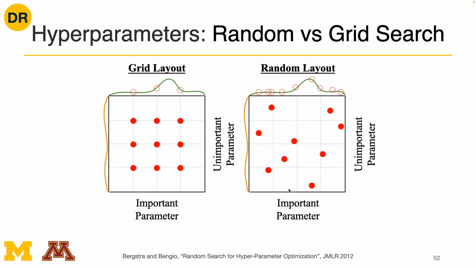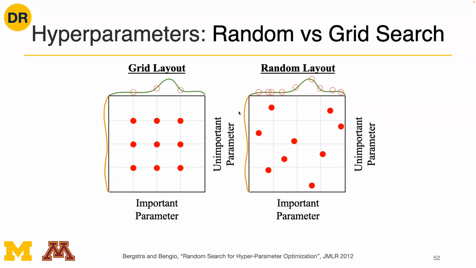And let's say, for the sake of argument, that one of them, the one shown on the horizontal axis in each of these plots, is very unimportant. In other words, changing along the horizontal axis tends not to affect the model performance at all. In contrast, let's say that our second hyperparameter, which is on the vertical axis of the 2 plots, is, oh, did I mess that up? I'm sorry. The horizontal axis is the important hyperparameter, and the vertical axis is the unimportant parameter.